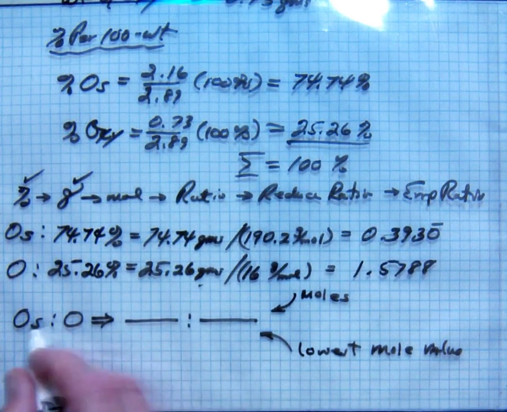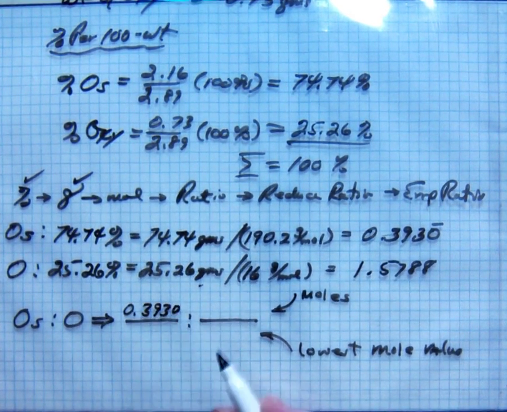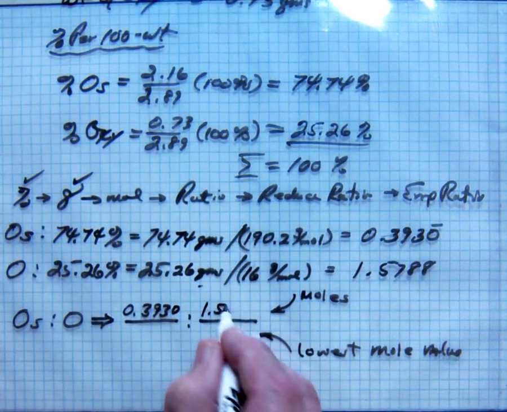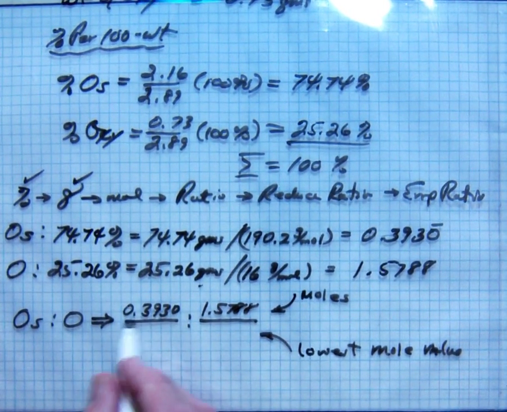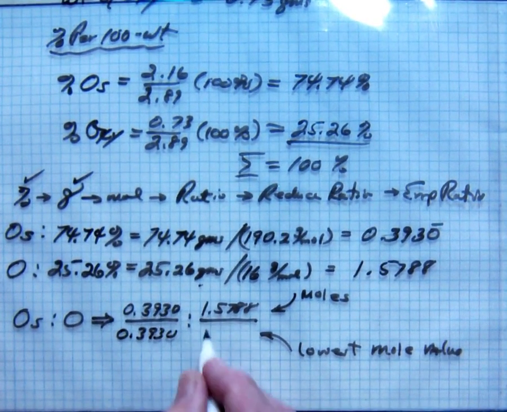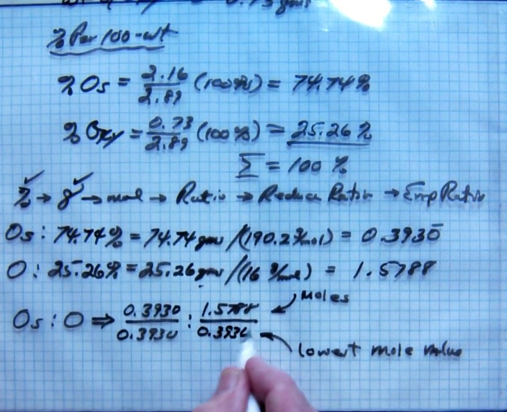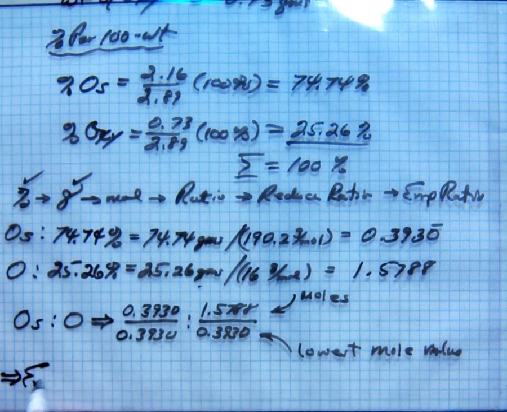So for osmium we have 0.3930, and for oxygen, 1.5788. So the lowest mole value is 0.3930, and this of course will give you the empirical ratio.